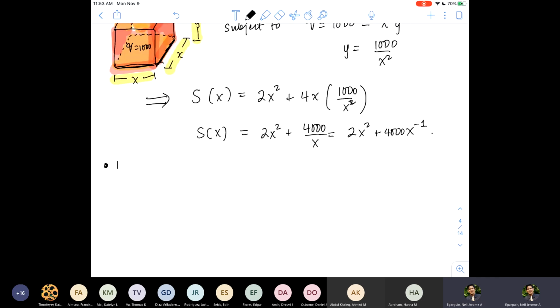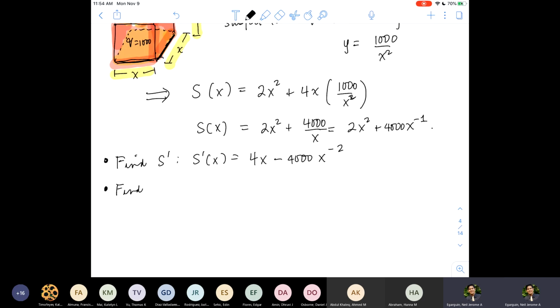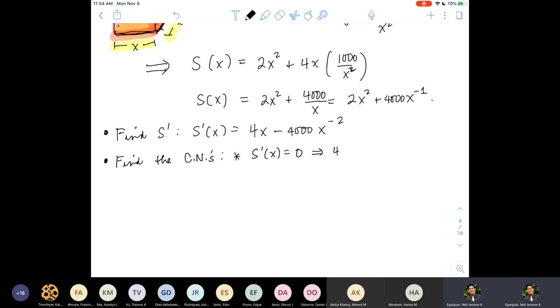Okay, good. Now we need to find S prime. S prime of x would be 4x minus 4,000 x to the minus 2, right? Then we need to find the critical numbers. Again, the first source is to just set S prime equal to 0. That means 4x minus 4,000 over x squared equals 0.